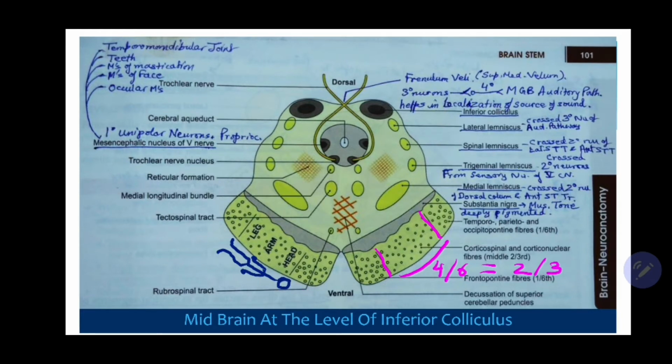So the head or the cephalic fibers are medially placed. The caudal fibers, the fibers reaching to the lower limbs, are laterally placed. That is how there's a somatotopic representation of the descending fibers in the corticospinal tract in the middle 2/3 of the crus cerebri.